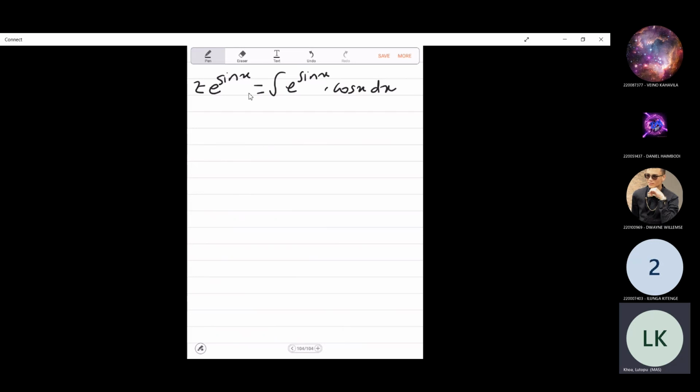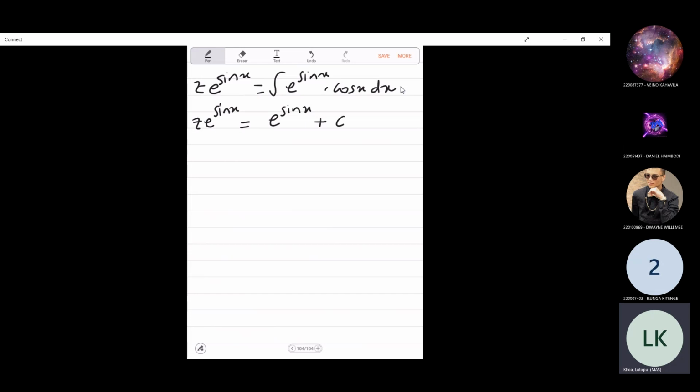Okay, and then this is just a matter of substitution because the derivative of sine x is cos x. So we have z e to the power of sine x. This is equal to e to the power of sine x plus c.